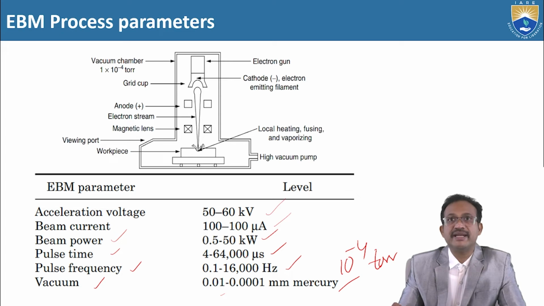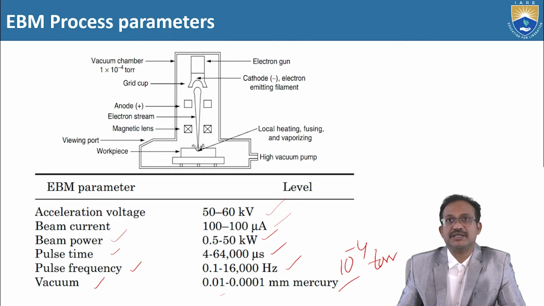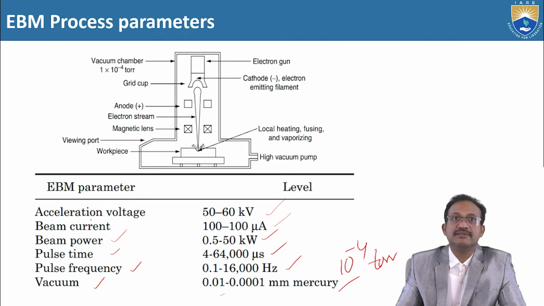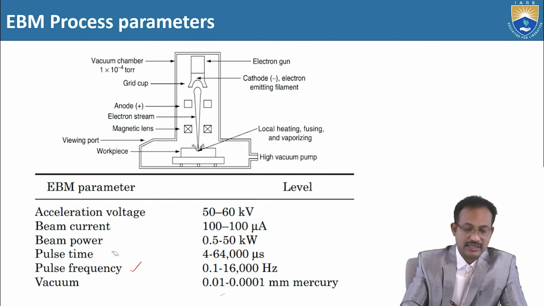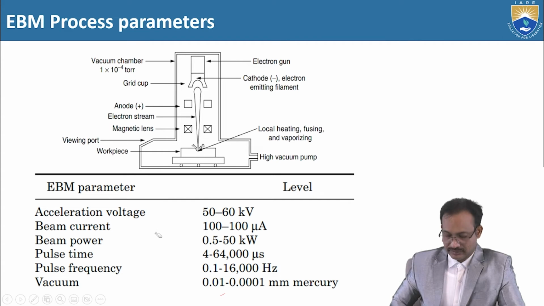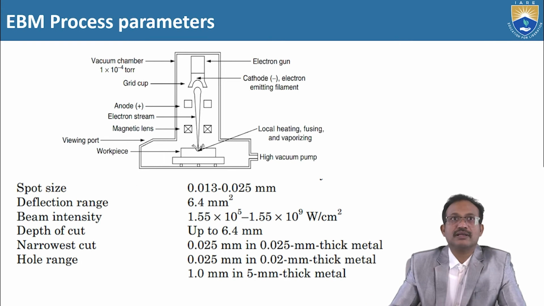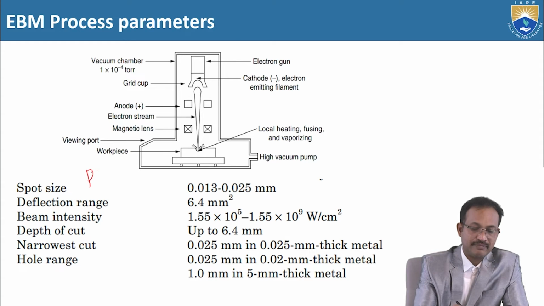So we have to maintain these levels for the electron beam machining parameters like acceleration voltage, beam current, beam power, pulse time, pulse frequency and vacuum. These are the different ranges of electron beam machining parameters.